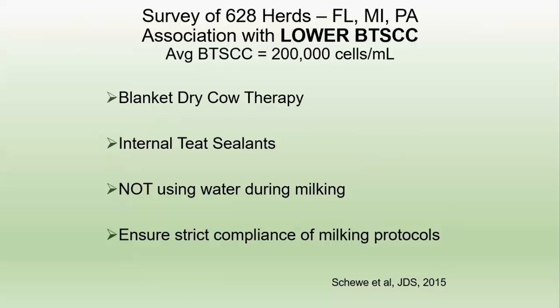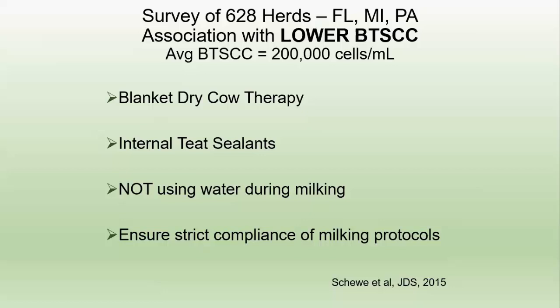Herds that use blanket dry cow therapy along with internal teat sealants and not using water during milking and ensuring that they had good compliance with their milking protocols all had less mastitis or lower bulk tank somatic cell counts than herds that did not do these things. Thus, even in this more modern viewpoint of blanket dry cow therapy, there still is an important tool for many herds, and it is associated with lower somatic cell counts.